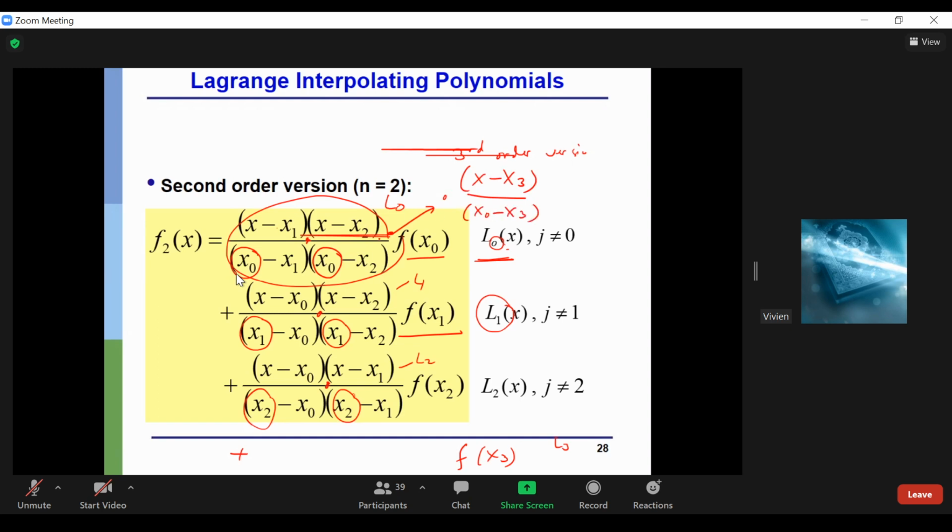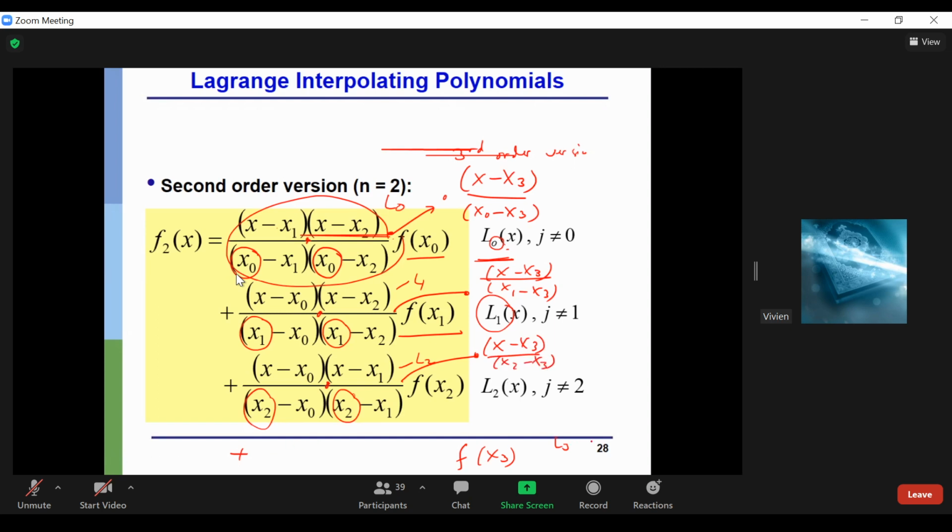So this is the addition, we add one term in the multiplication for L0. Then for L1 we multiply by (x minus x3) over (x1 minus x3), and for L2 an additional term (x minus x3) over (x2 minus x3).